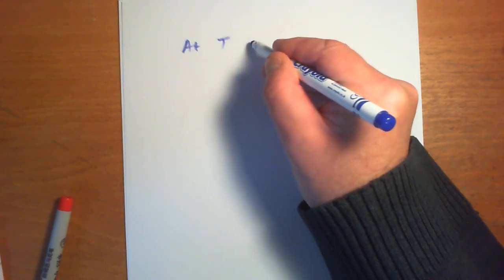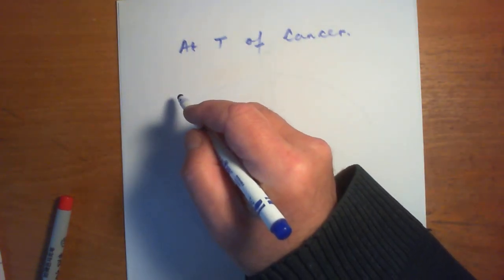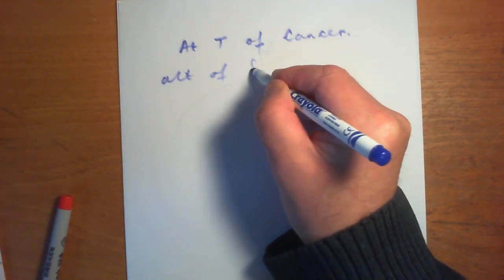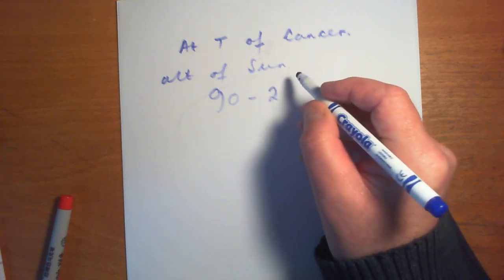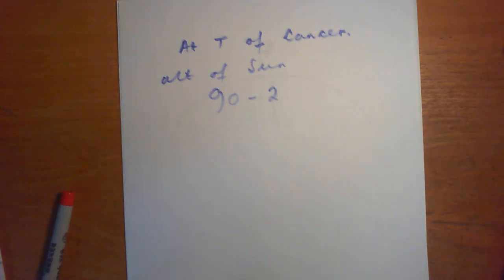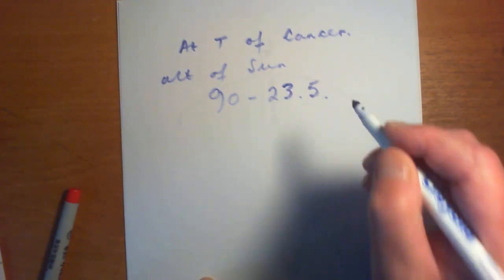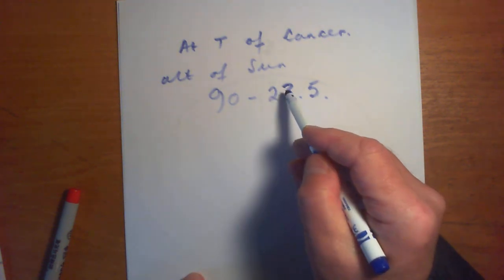Well, if you're standing on the Tropic of Cancer on the Earth, the altitude of the sun is 90 minus... Okay, the altitude of the Sun will be your own co-latitude, and because you're at plus 23.5 on the Tropic of Cancer, that will be the altitude of the Sun.